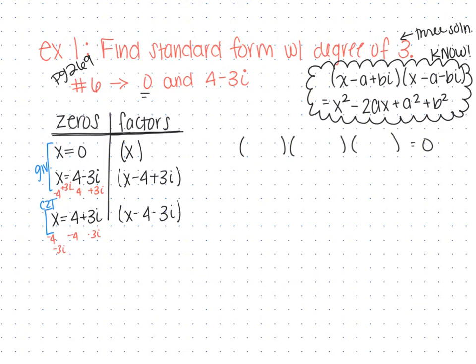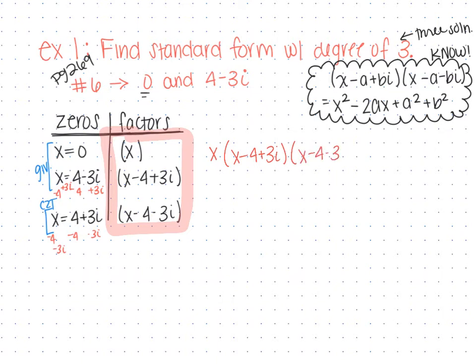So I'm going to take all of these things and stick them into an equation. So I have all of these, which will give me x times x minus 4 plus 3i times x minus 4 minus 3i. And then all of that equals 0. So now this is a whole bunch of foiling.